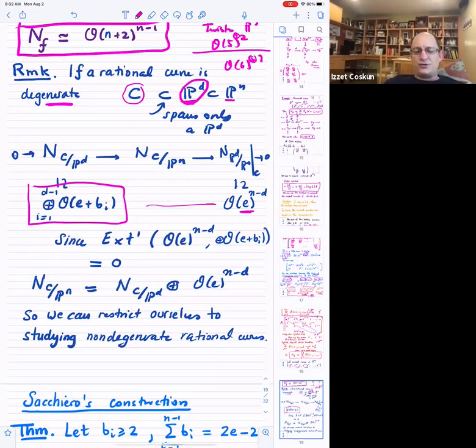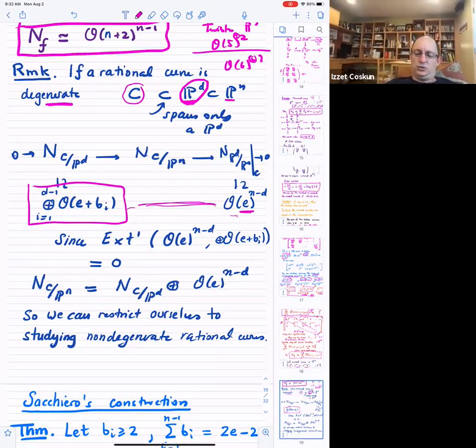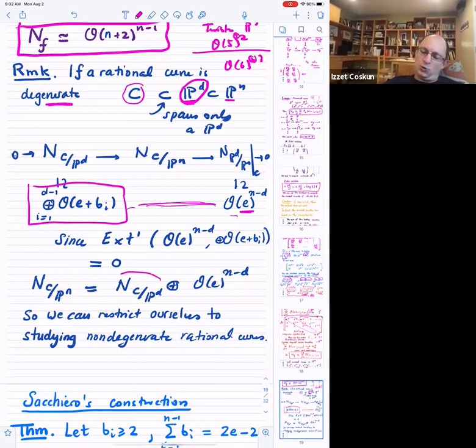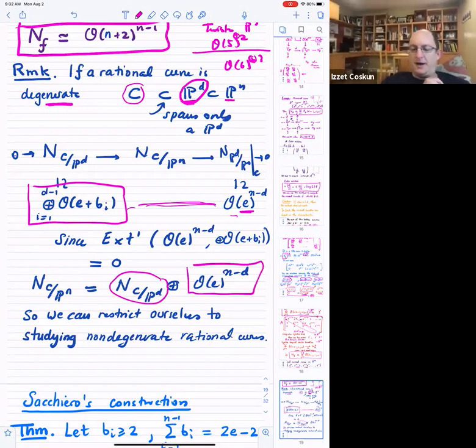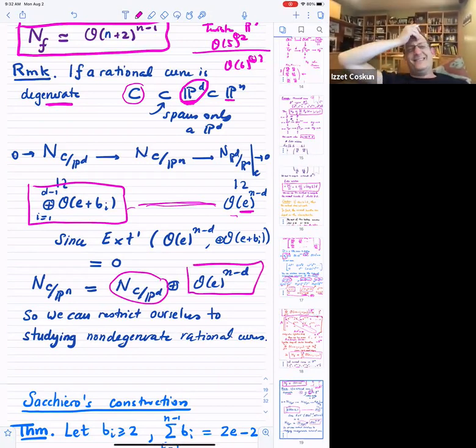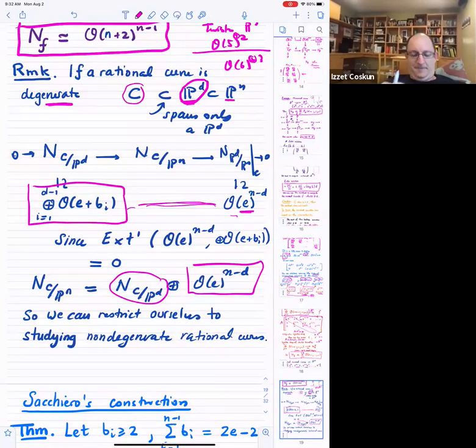There are no interesting extensions here, so it just splits as the normal bundle of the curve in P^d plus this O(1) to the n minus d. So you can always assume when you're doing these things that you're working with a non-degenerate curve. If the curve is degenerate, then you just compute the normal bundle in its span. So that's something to say.